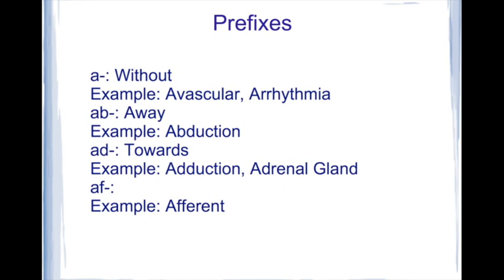Okay, so afferent impulses travel towards the brain. So af means towards. Afferent, those are our sensory impulses that travel towards the brain or spinal cord for processing to determine if this stimulus that we are feeling is something that is putting us in danger and how to respond to it. Okay, so af means towards.